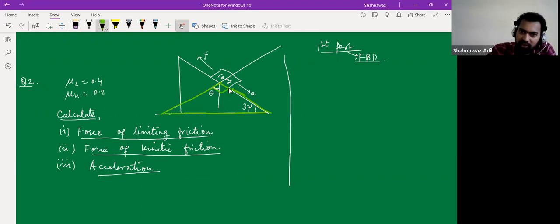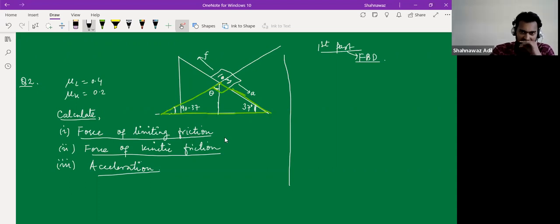This angle is 90 and this angle is 37, so this one will be 90 minus 37.